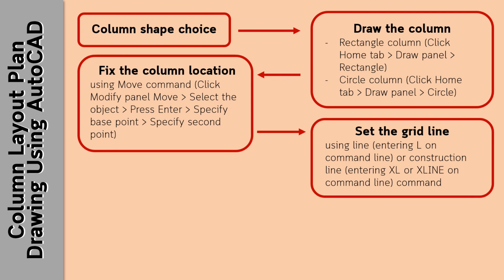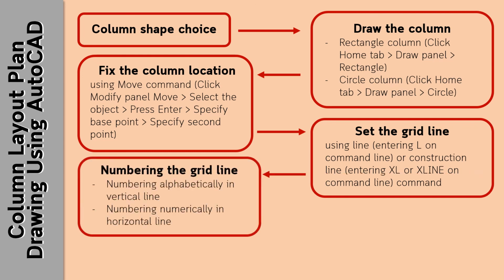Fourthly, set the grid line using the Line command or Construction Line command. For the Line command, you can enter L on the command line, and for the construction line, you can enter XL or XLINE on the command line.